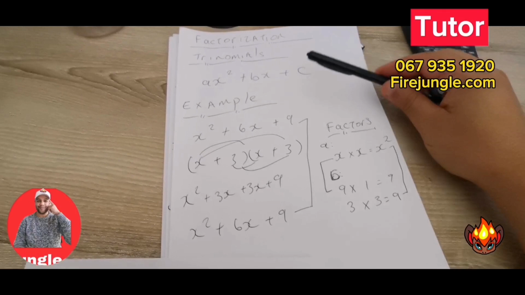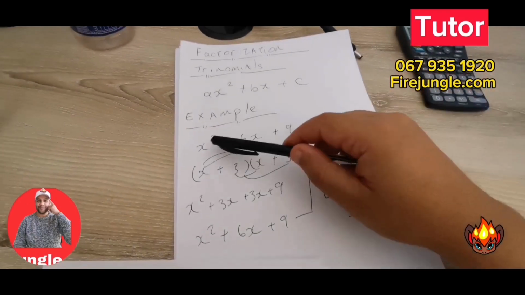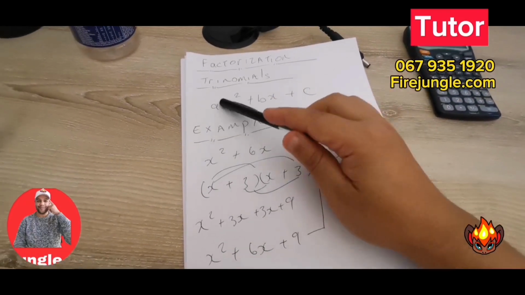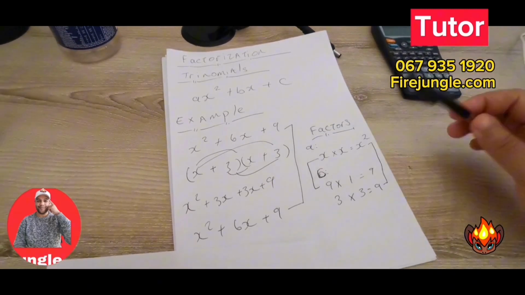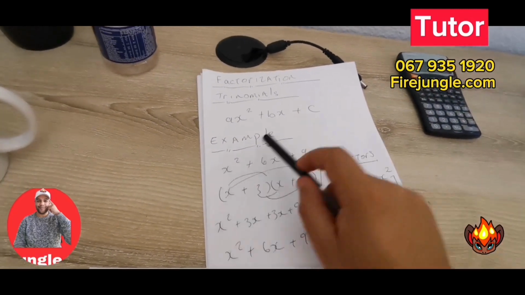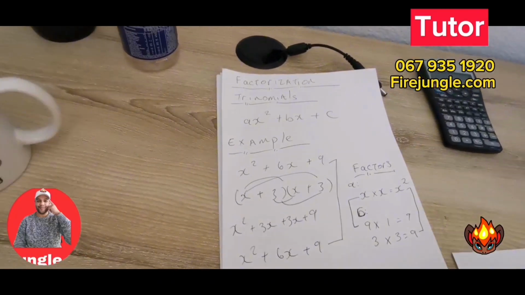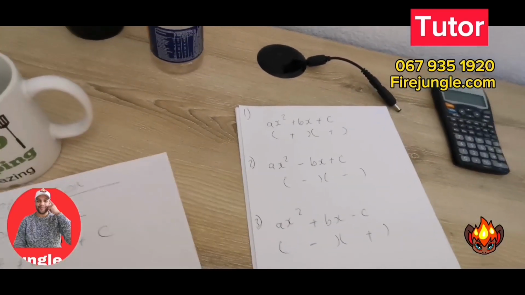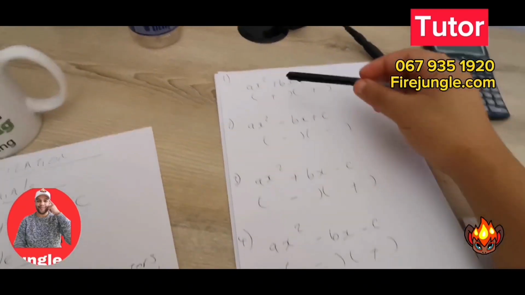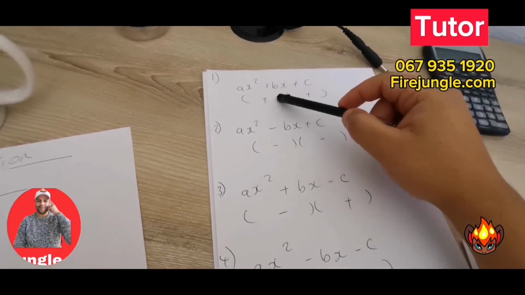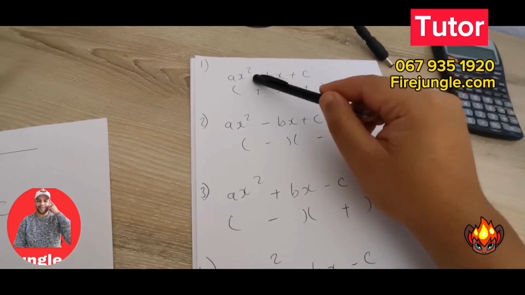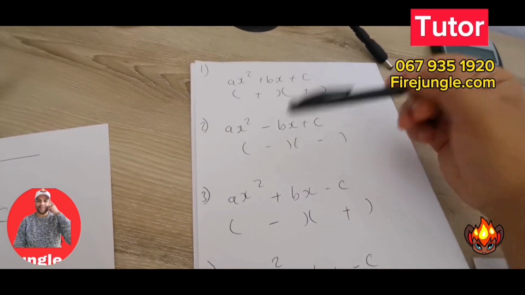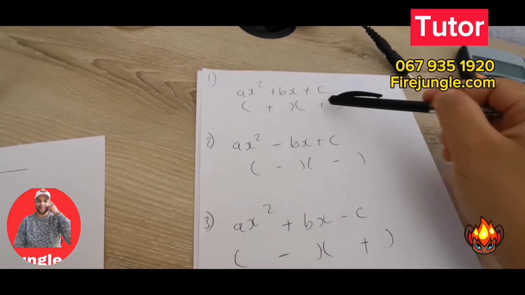So just remember, when going about factorization, we want to find the factors of the a term and the factors of the c term, which are usually at the front and the end. I just wanted to point out that there are usually 4 types of factorization. If there are 2 plus signs in the trinomial, then inside the brackets are going to be 2 plus signs.